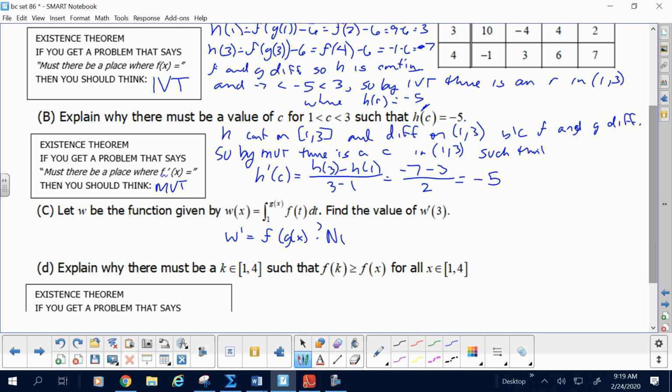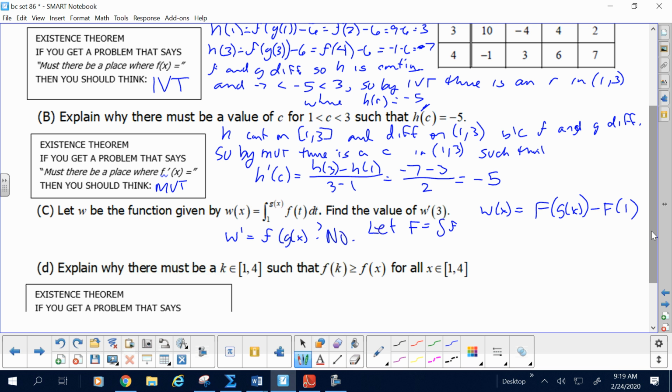This is a no. Let capital F be the antiderivative of f, just to show you where this has come from, all right? Are you with me? Okay, so w of x, when I say it's the antiderivative from 1 to g, wouldn't I first find the antiderivative, put in g and put in 1? So given that the antiderivative is big F, w is big F at g minus big F at 1.